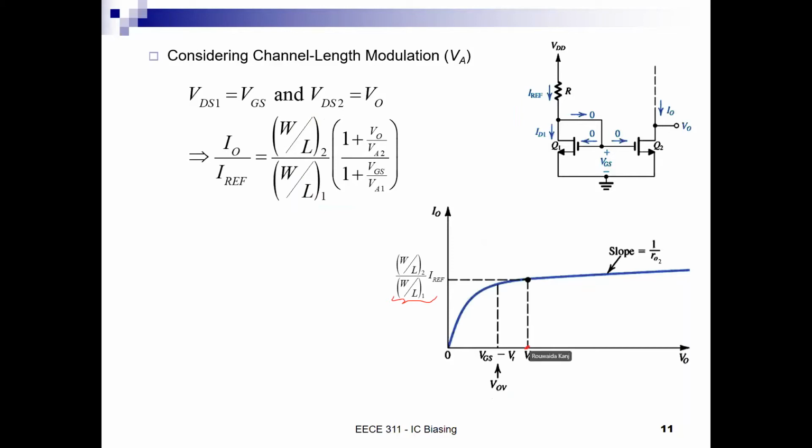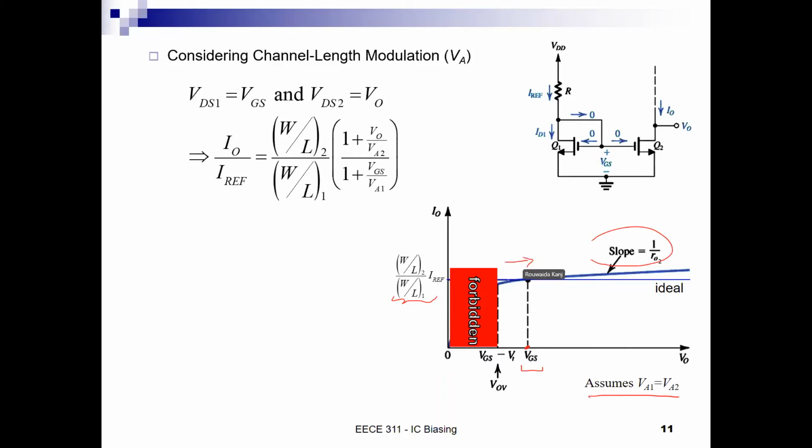And this I can achieve when VO equals VGS, and we are assuming here that VA1 is equal to VA2, and we also have some change with a specific slope, which is 1 over RO2, with respect to the ideal reference. And of course, anything when VO is smaller than VOV is forbidden, because this is linear and I want to operate only in the saturation region. Okay, so I want to operate in the saturation region only.